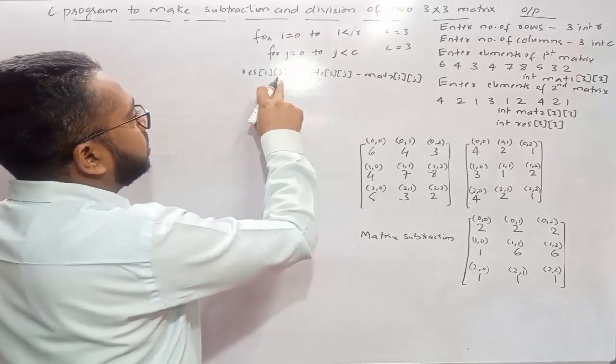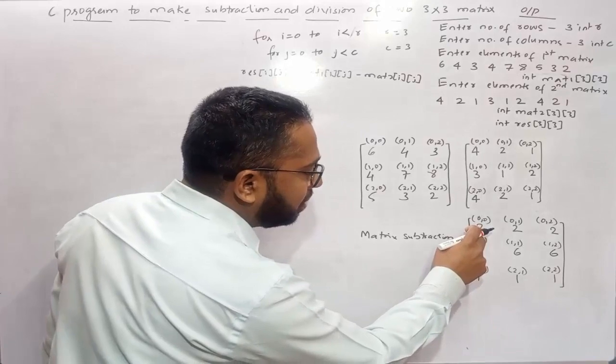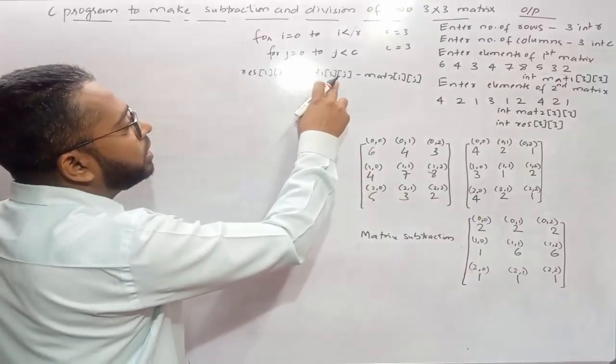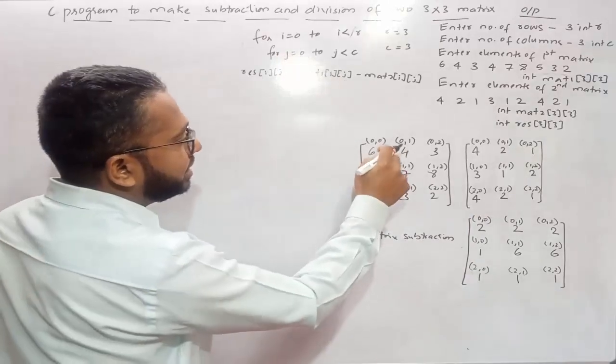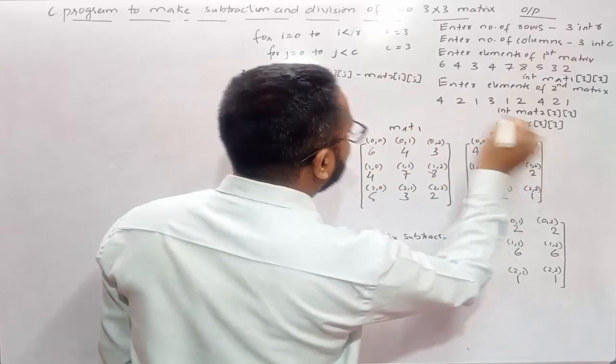Result of ij, result of 0 comma 0, that means at this place of this result matrix, that is 0 comma 0, mat1 ij, mat1 is this matrix, and this is mat2.